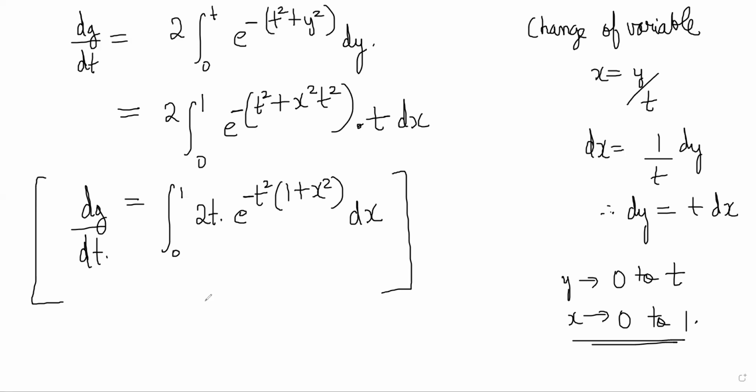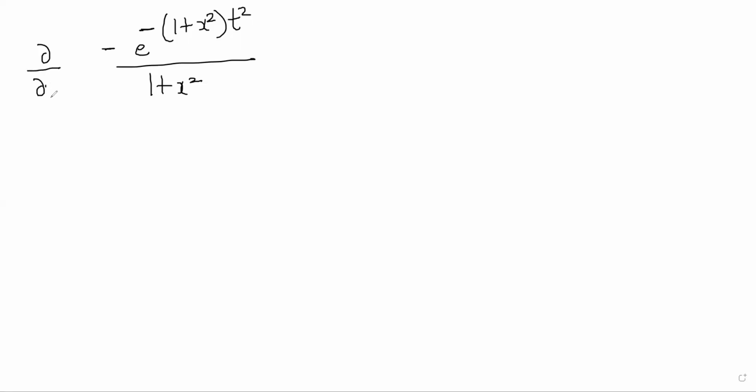What I will do is notice that this is a derivative of some function, right? So what is the function? If you think about the function minus of e power minus 1 plus x square t square divided by 1 plus x square, and I try to do a partial derivative with respect to t here, right? So if I do a partial derivative with respect to t, what will I do?